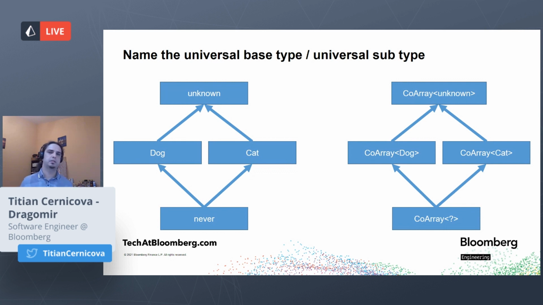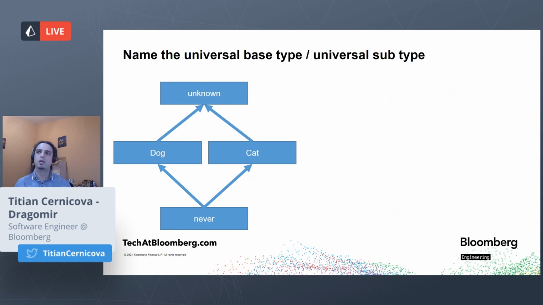We can assign a covariant array of dog to a covariant array of unknown, and the same for cat. And what is the universal subtype? Well, that's going to be covariant array of never, right? So covariance respects the same relationships with regard to unknown and never.